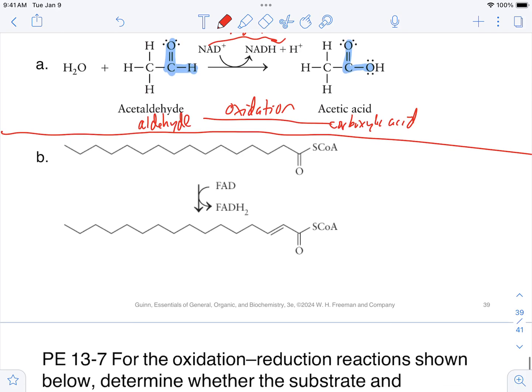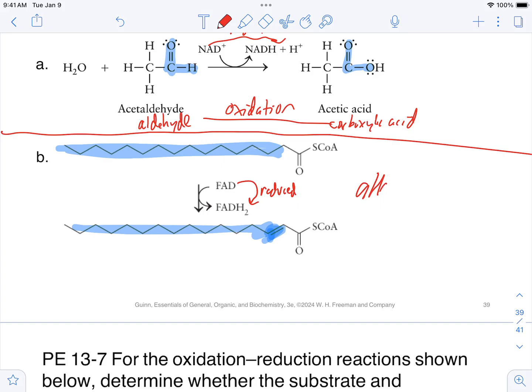And for B, we can start with the coenzyme. Your FAD gained H's, so it got reduced. What I would look at for these structures is I have an alkane here, and now I have a double bond right here. I have an alkene. So going alkane to alkene, that has been oxidized.